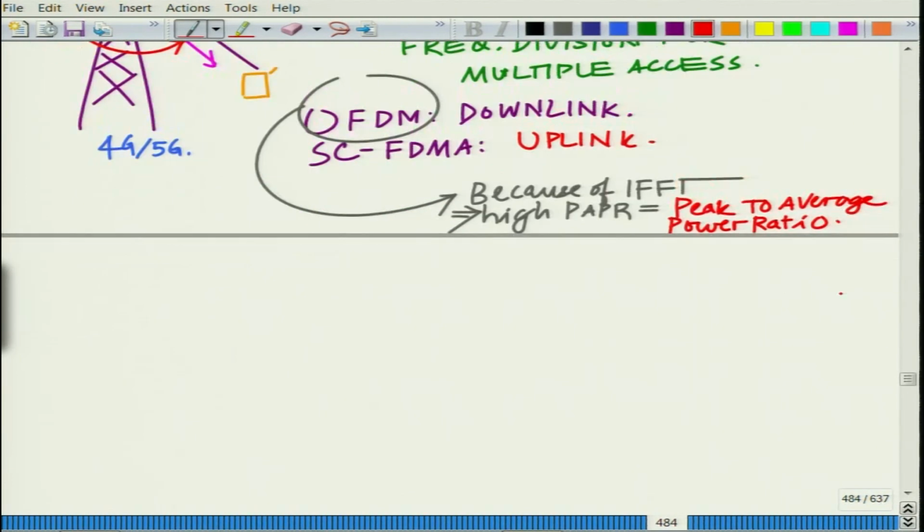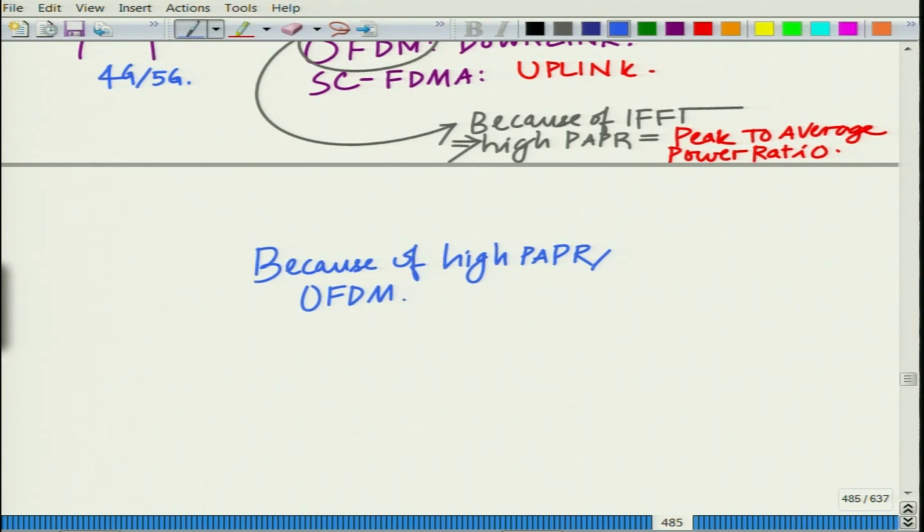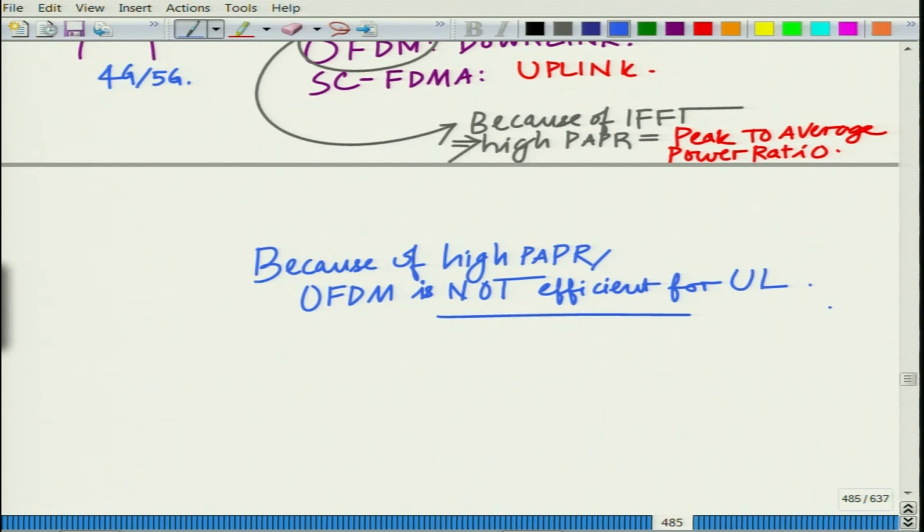Therefore, because of high PAPR, OFDM is not efficient for the uplink.